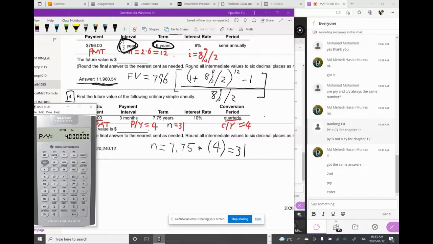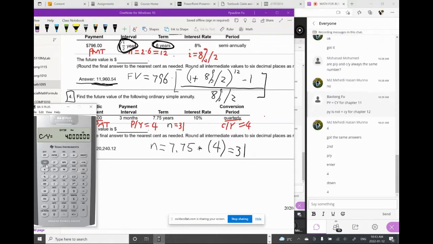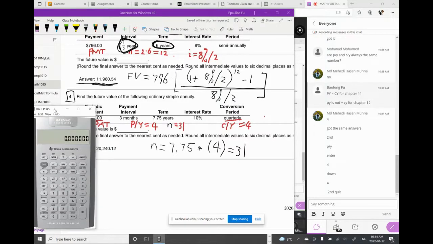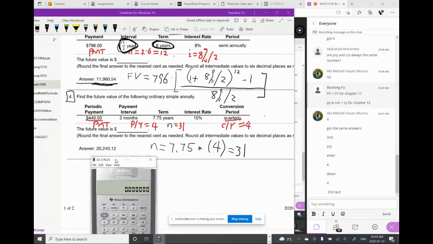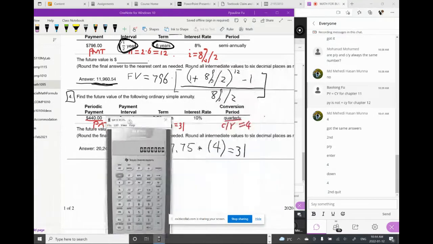Down arrow key. CY is 4. Enter. Second quit. Great, I followed your instruction, Hassan. Enter PY equals 4, CY equals 4. Now, what do I do next?